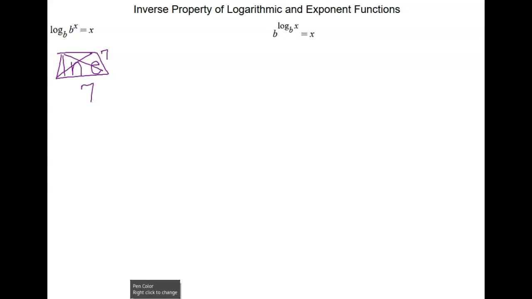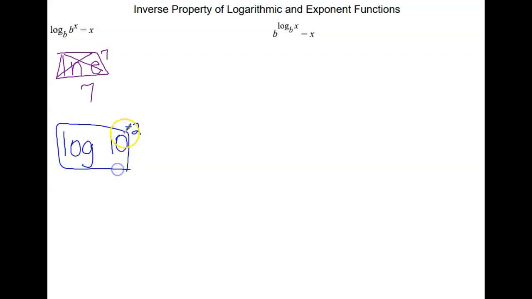Okay, same thing with this. If I have log of 10 to the negative 2, right? Remember, even though there's no number down here, we assume that it's base 10. And so this log base 10 and this exponent base 10 are going to undo each other. They're going to cancel each other out. And so the answer would be negative 2.